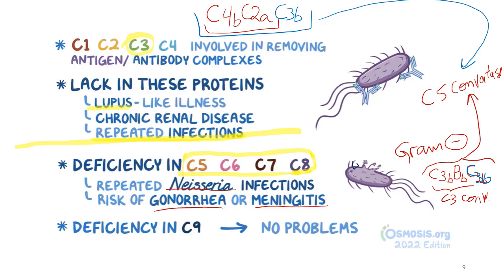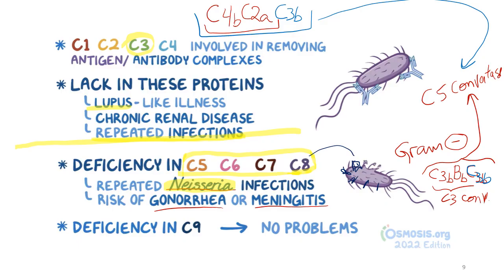Okay, so these guys here are enough to make holes and burst the bacteria. If you have a deficiency in one of those, you're going to have a harder time punching holes on the surface of that type of bacteria. Okay? That means you're going to have recurrent Neisseria infections.